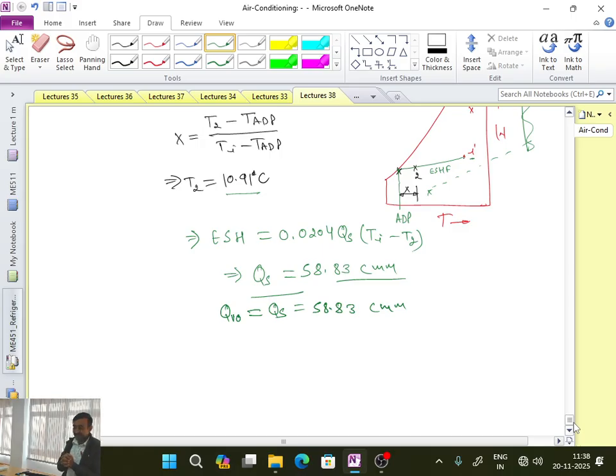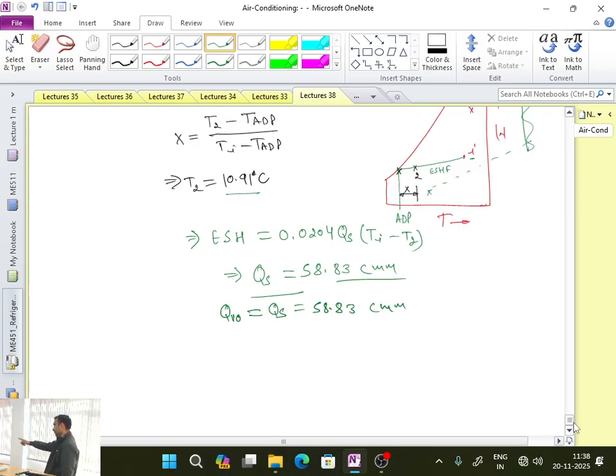So it means that just increasing the flow rate will not serve our purpose. We also need to test what my new ADP will be corresponding to this new condition. Because when I increase the air quantity, if the bypass factor is not changed, then for the increased air quantity I also need to decrease the temperature of the cooling coil.